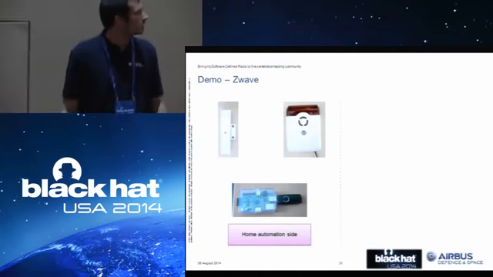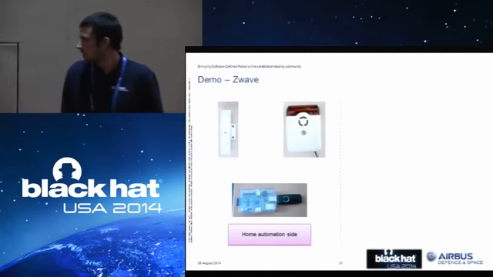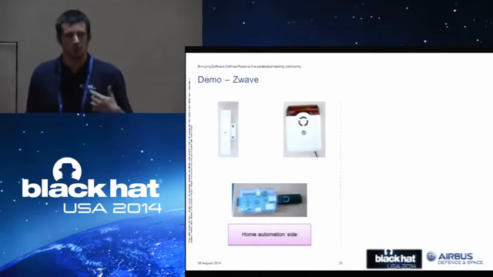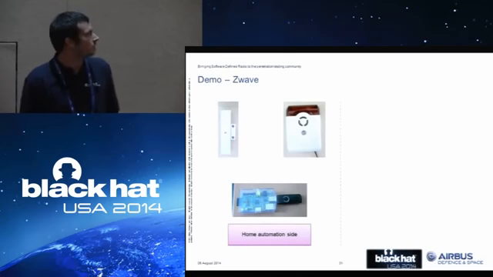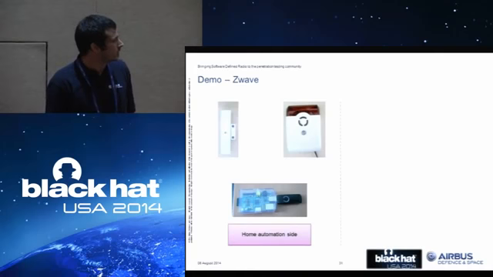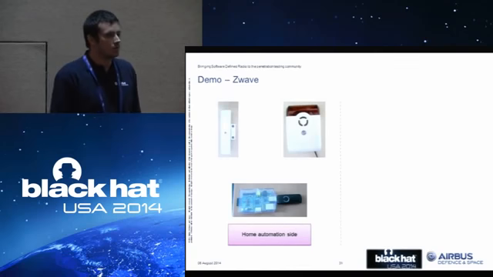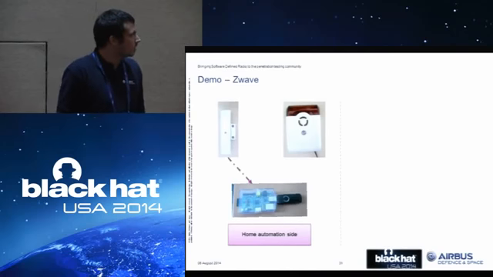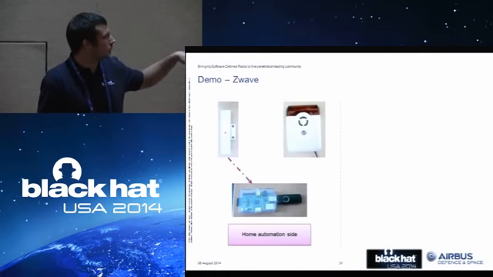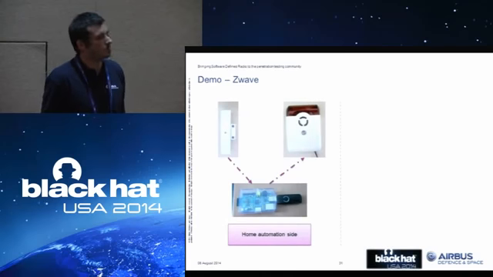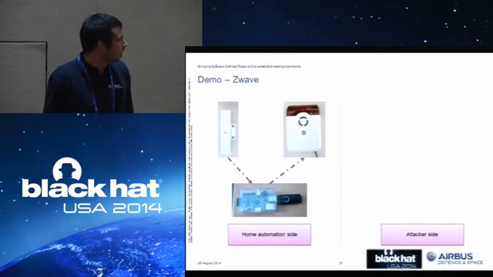Okay, so on the left side, we have our alarm system with the door sensor, the controller based on the Raspberry Pi and the OpenZ-Wave library, and the alarm itself. How does it work? When you open the door, it sends a frame to the controller, and the controller sends a frame to the alarm to turn it on.